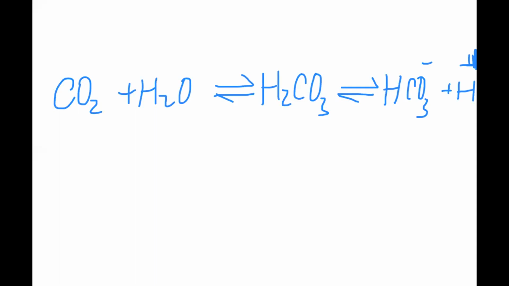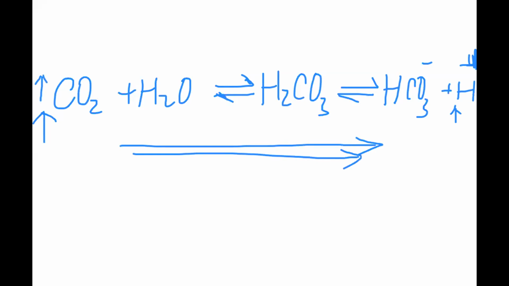So if you increase CO2 concentration, the reaction turns to this direction. Then you're going to have more hydrogen ion concentration. Does that make sense? Everybody? This is a chemical reaction you learned in chemistry, and this arrow means the reaction can go in both ways. It solely depends on which side has more material. So if you have more CO2, then the reaction will go in this direction.